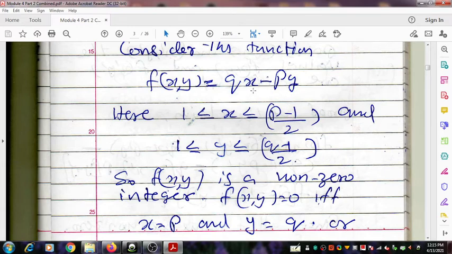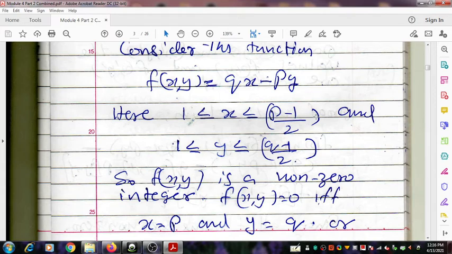So you can say that the ratio x by y is in the basic form, because p and q are prime numbers. Since p and q are prime numbers, x divided by y equal to p divided by q is in the simplest form.